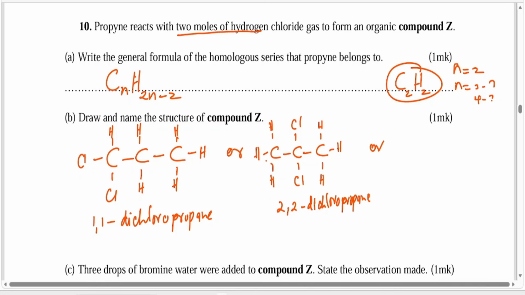Or we may also have the chlorines attaching on different carbons. We have 1 chlorine attaching here and another chlorine attaching on the second carbon, and then these ones are filled with hydrogens. So this now becomes 1,2-dichloropropane.